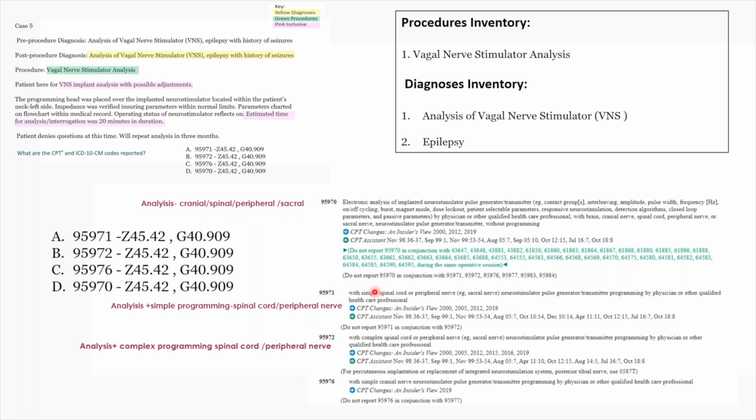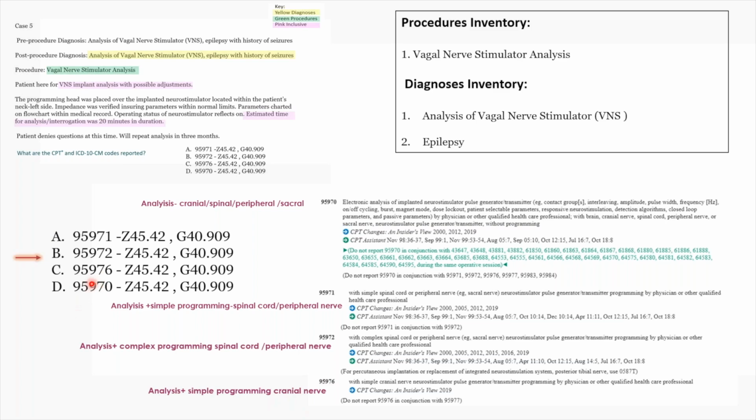The code 95971 is for analysis plus simple programming of a neurostimulator which is located in the spinal cord or peripheral nerve. And the last one, 95976, is for analysis plus simple programming of a neurostimulator which is located just in the cranial nerve.